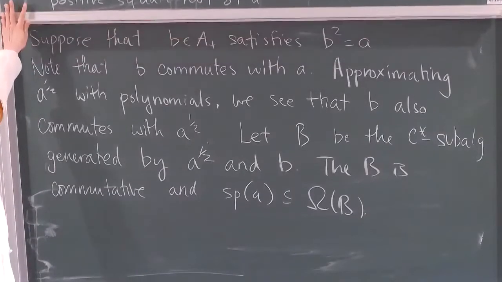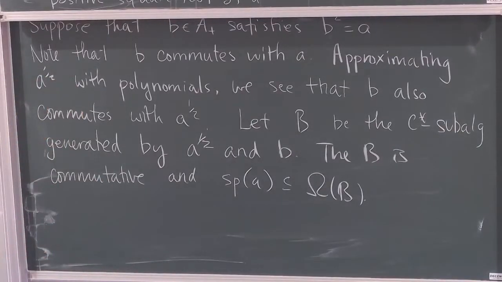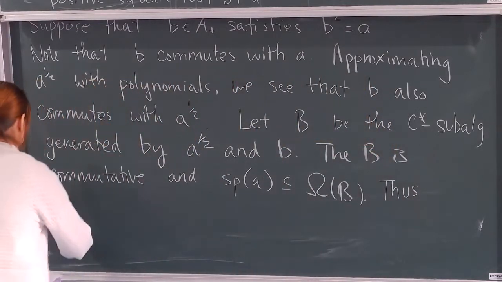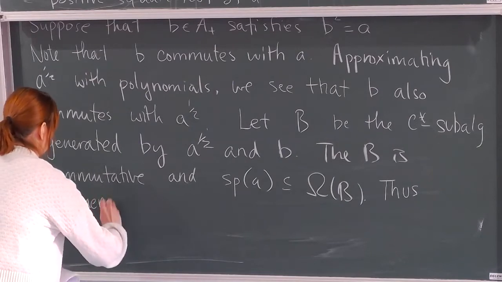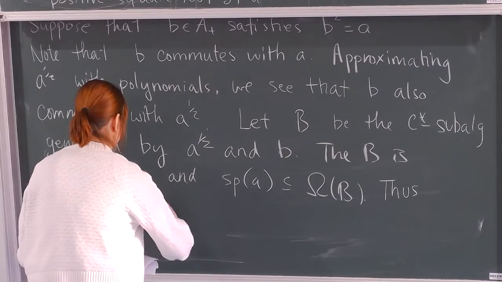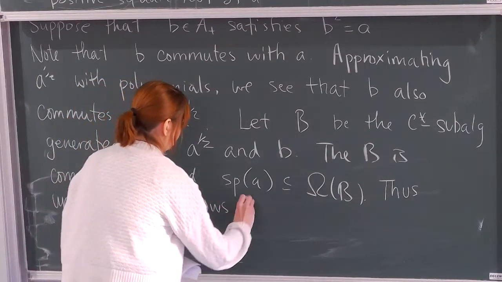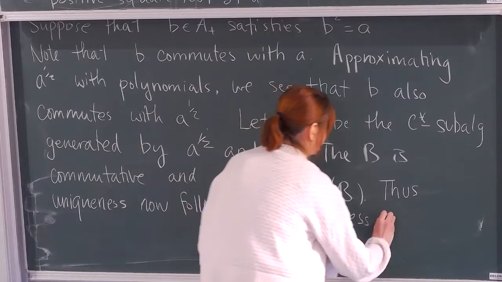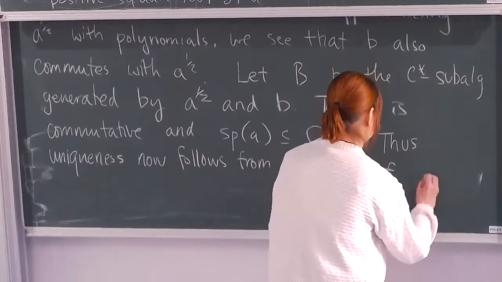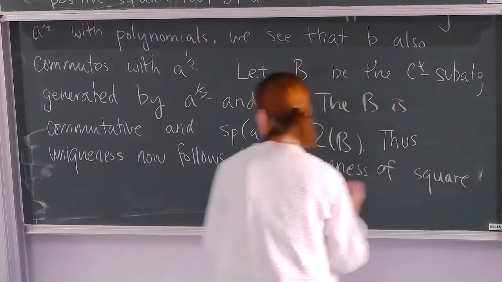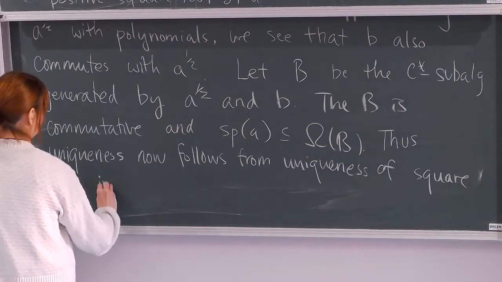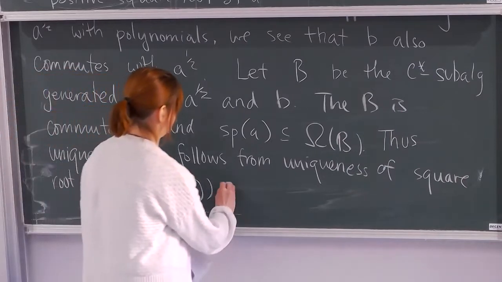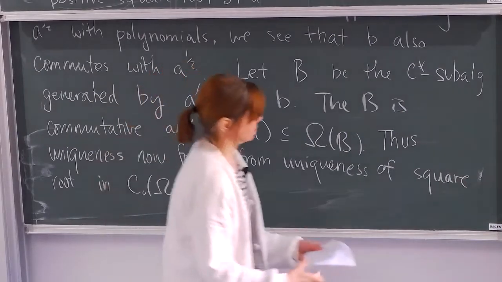So now uniqueness follows from the lemma. That is a commutative C-star algebra.